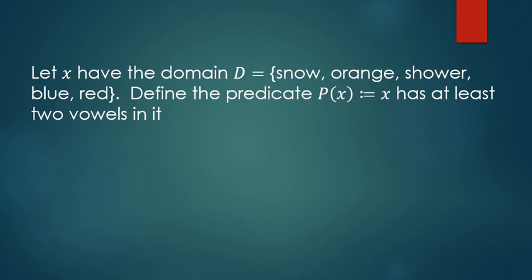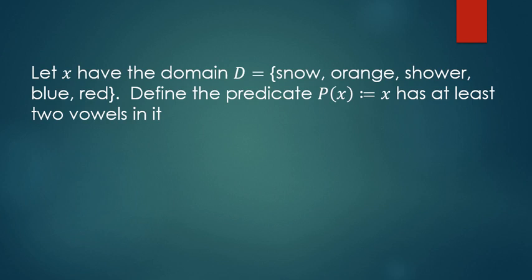Here's another sample problem. This one is a little bit different. In this case, our domain is a selection of words, not so much numbers. I did say we'd see a couple samples like this. So here is one such example. So let our variable x have the domain, which is 5 possible words: snow, orange, shower, blue, and red.